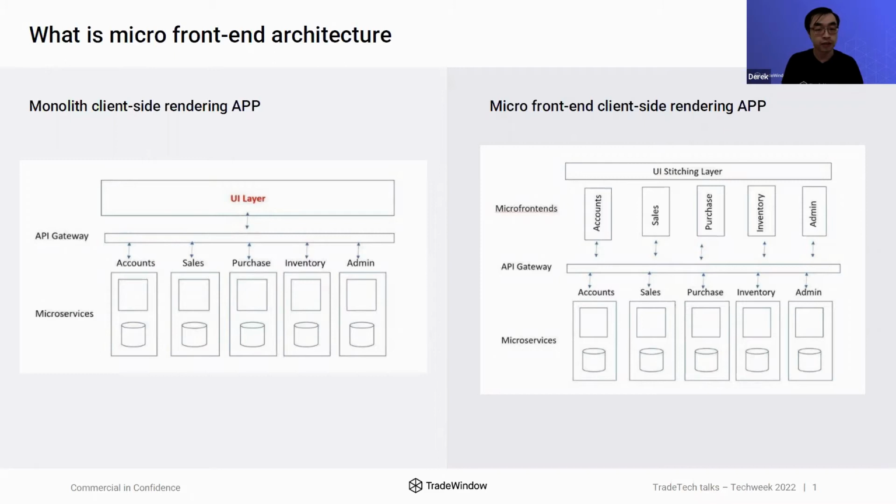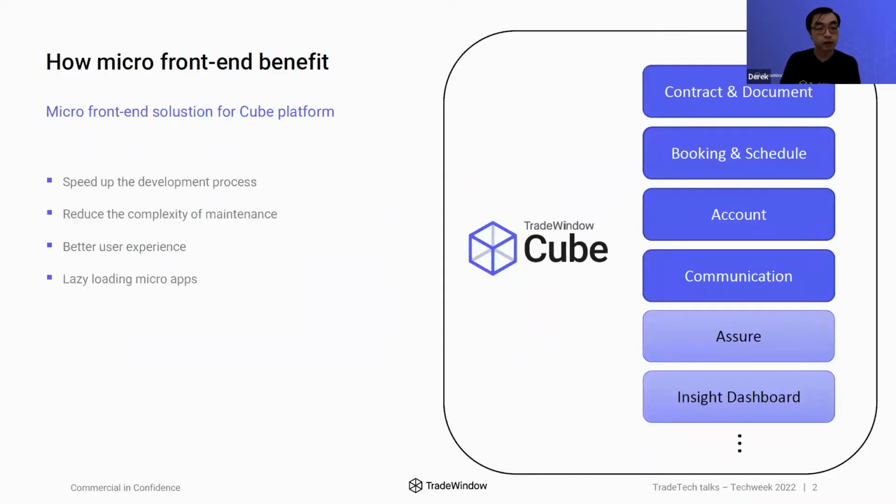Next slide, please. Now I will be talking about how the micro front-end benefits us. At TradeWindow, we're using the Q platform to integrate solutions that help the exporter, importer, and freight forwarder run their business. In the Q platform, we have a lot of features like contract documents, booking and schedule accounts, and more features are coming to be integrated into this platform.